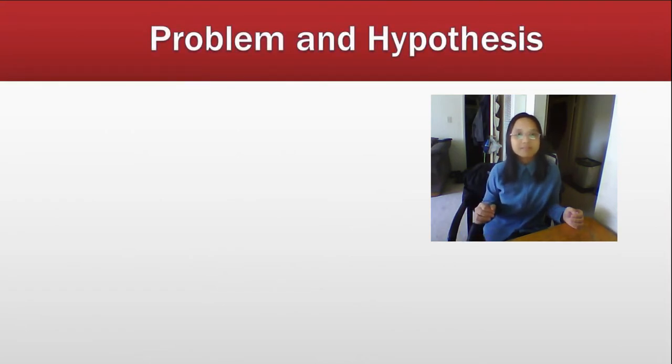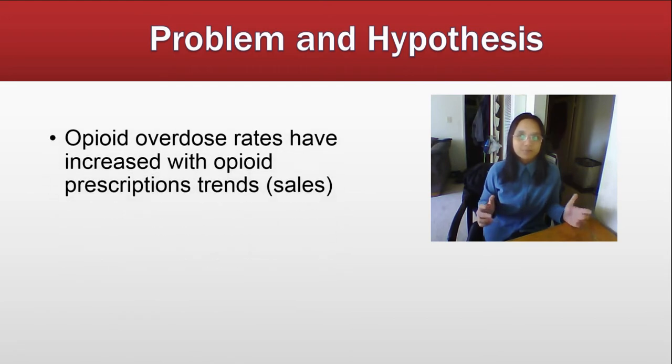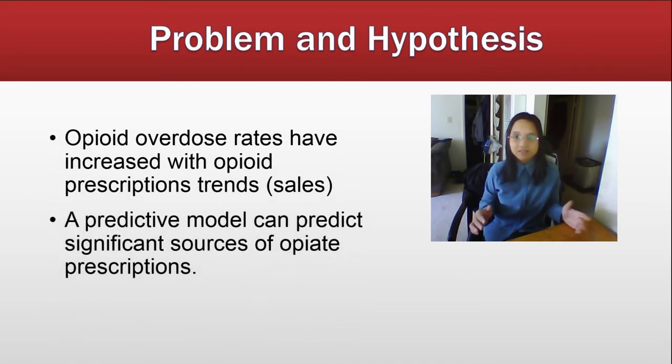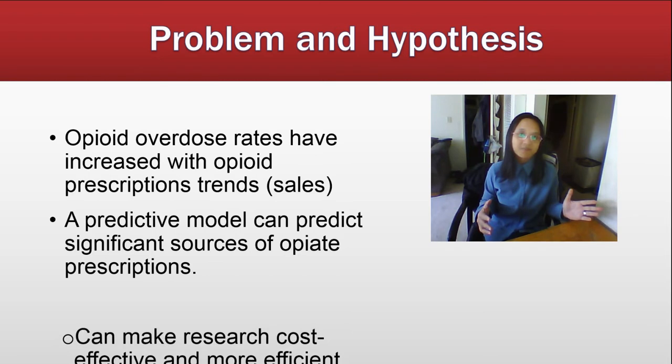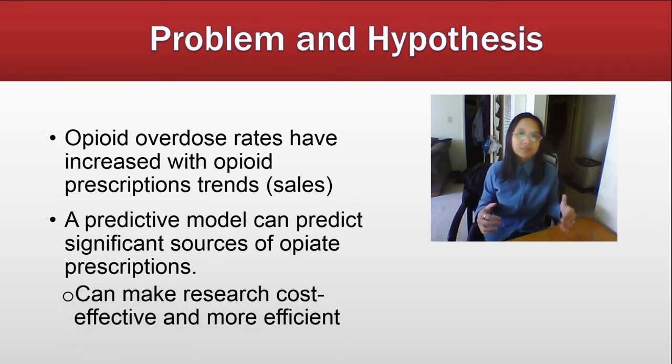Problem and hypothesis. The research to help mitigate or prevent these opioid deaths is ongoing and expensive. So I wanted to see if a predictive model could help identify providers who were likely to prescribe opiates frequently. It would calculate the probability based on data that's collected and published by the Center for Medicare and Medicaid Services every year.